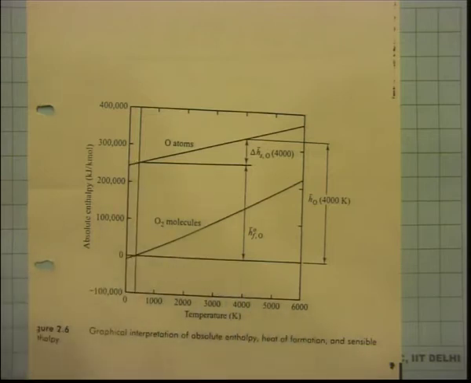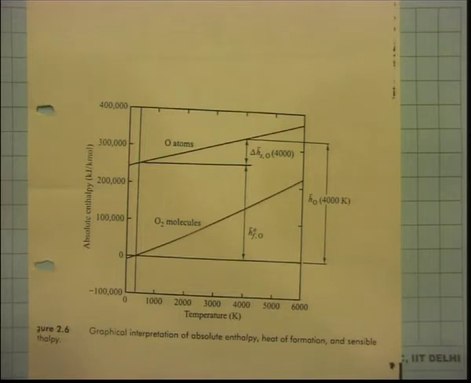Now, this value you can read from the graph, and it is roughly 249,195 kilojoule per kilomole of oxygen atom. So, it is about 250,000. Where does this come from? For oxygen molecule the bond dissociation energy is 498,390 kilojoule per kilomole of oxygen molecule.